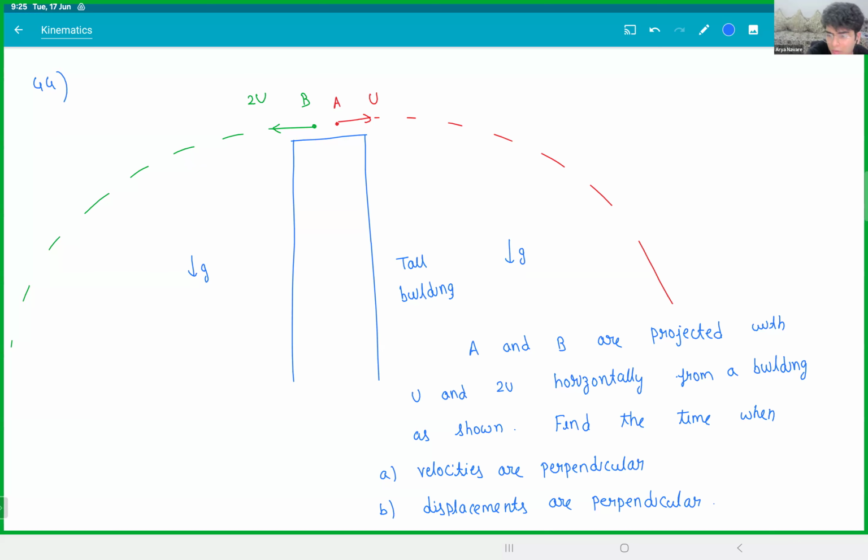So do we have to consider the downward direction as negative? Yeah, up positive, down negative. Keep the convention simple.